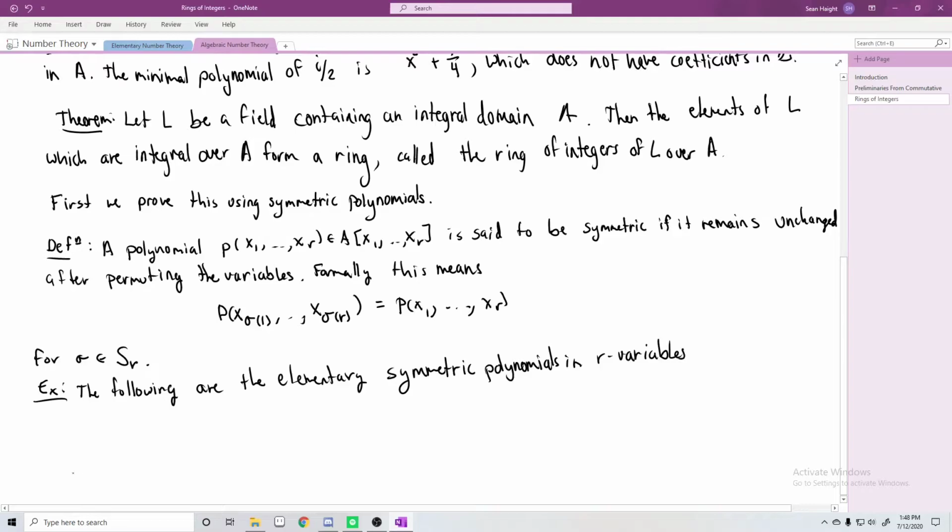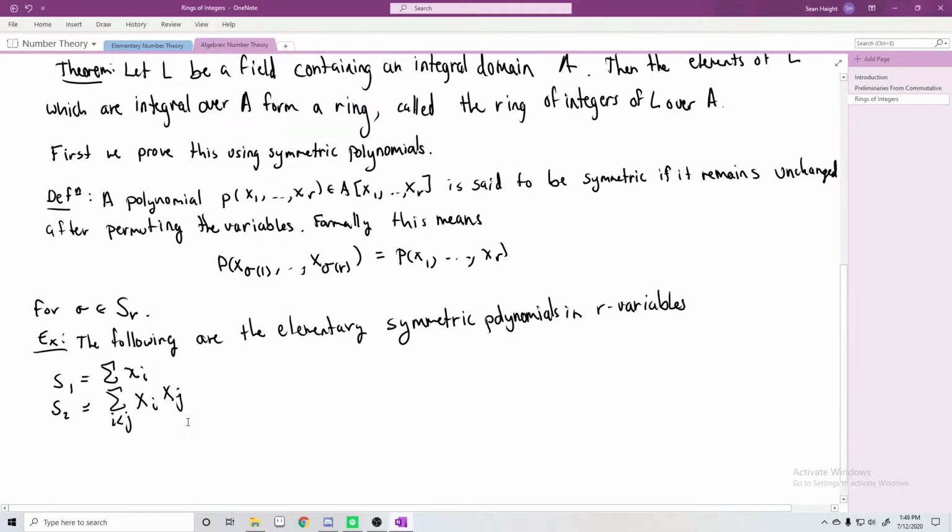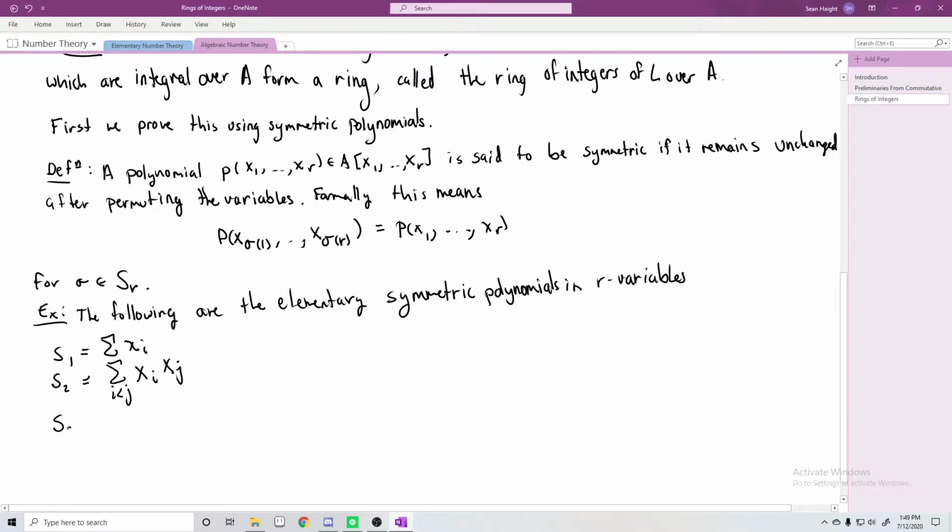There are going to be r of them. S sub 1 is going to be just the sum of all my variables. S sub 2 is going to be the sum over i less than j of x sub i x sub j. S3 is going to be the sum.